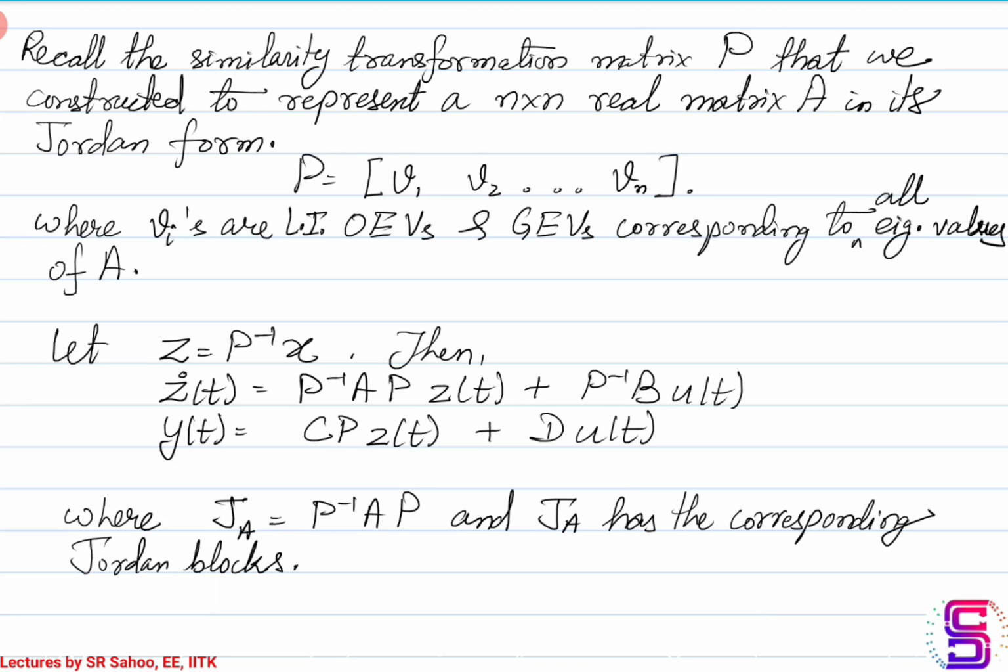Then the state space representation with respect to the state vector Z is Z dot equals P inverse AP Z plus P inverse B U, and the output is CP Z plus D U. Here P inverse AP is now the Jordan form of the matrix A that you had in the state vector x representation. This Jordan form, which I am representing here as J_A, will essentially have Jordan blocks corresponding to the eigenvalues of A.